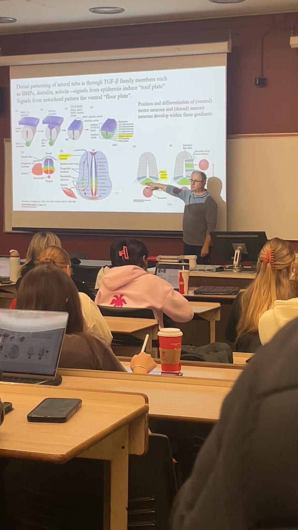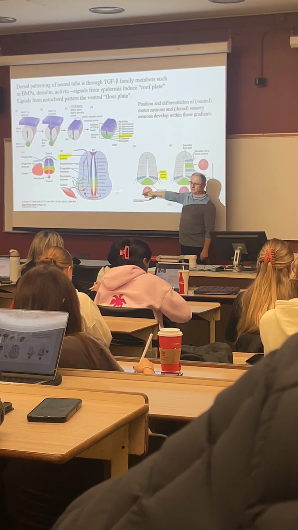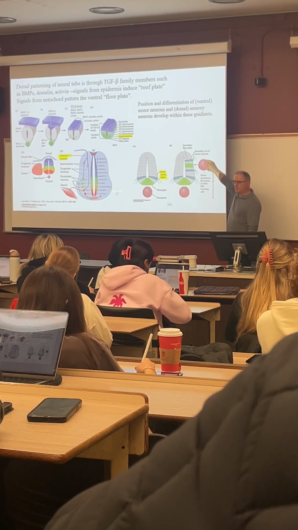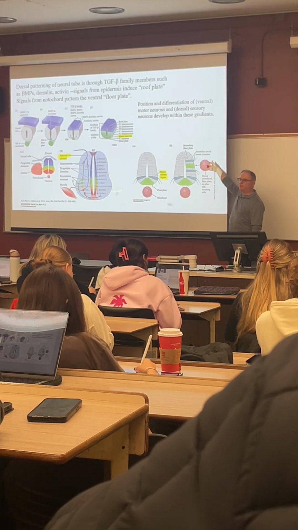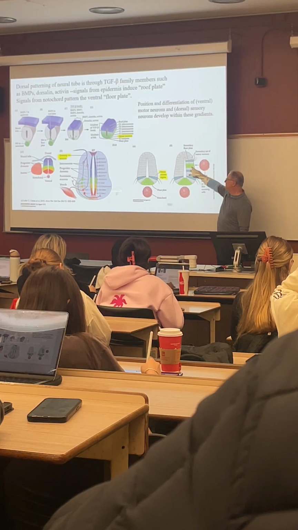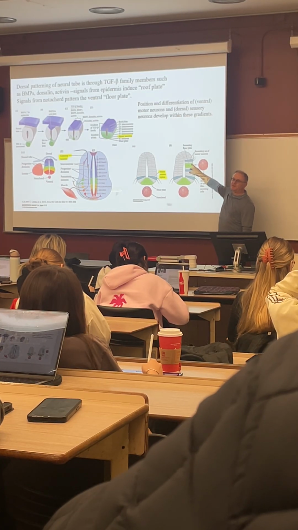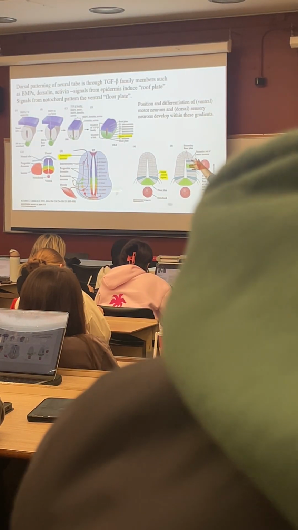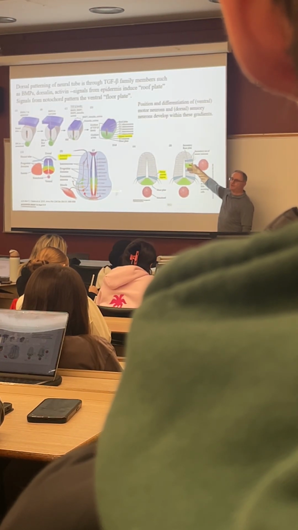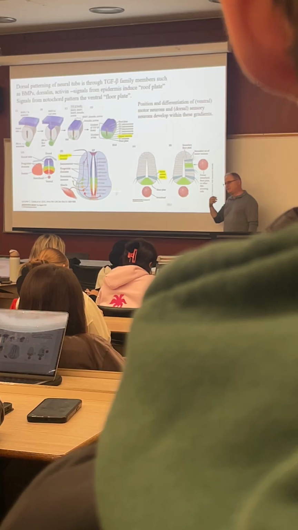They're close to the floor plate, which is close to the notochord. If you do experiments where you take another notochord and put it somewhere next to the neural tube when it's forming, it's going to secrete sonic hedgehog. It basically makes another floor plate-like region, and then near that you're going to get more motor neurons. So you can create motor neurons in areas where they shouldn't be by increasing sonic hedgehog.